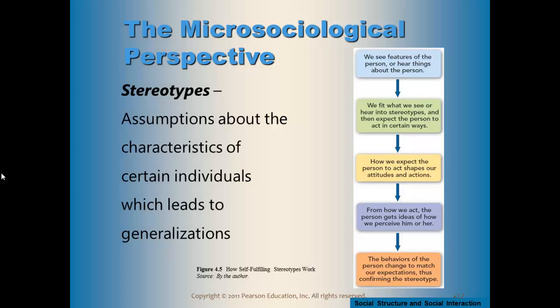And likewise, that happens the other way around. We look for what people believe in us, see in us. We evaluate that against what we believe about ourselves, and we may change some of what we do or see, how we feel about ourselves, in order to meet what we believe other people think of us. It doesn't even have to be true that they think that, but it's only that we believe that. So in any event, a stereotype is these large assumptions we have about characteristics of individuals, and this is an example of why sometimes those stereotypes get fulfilled.